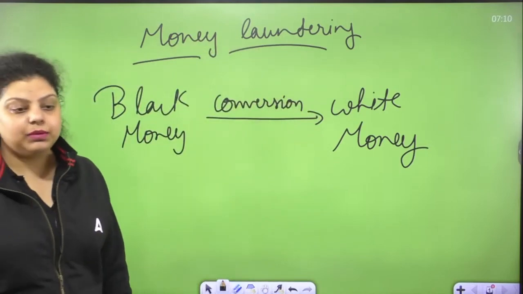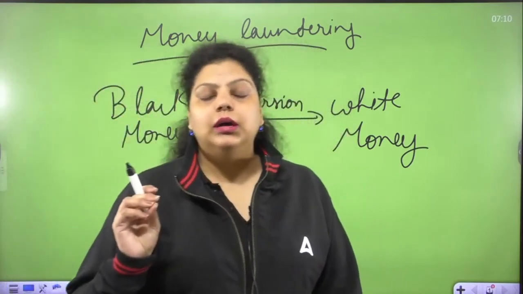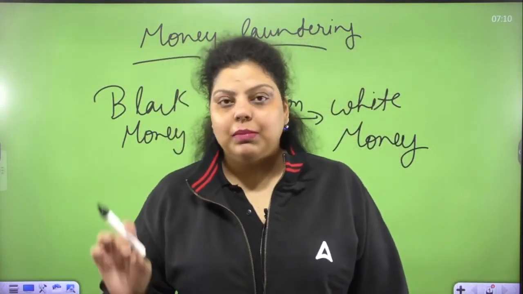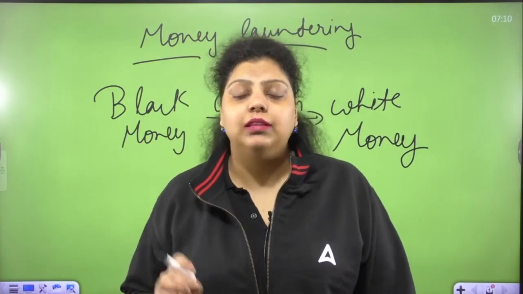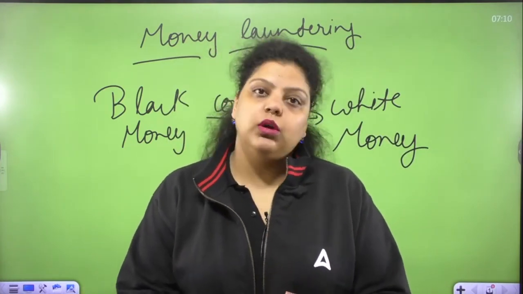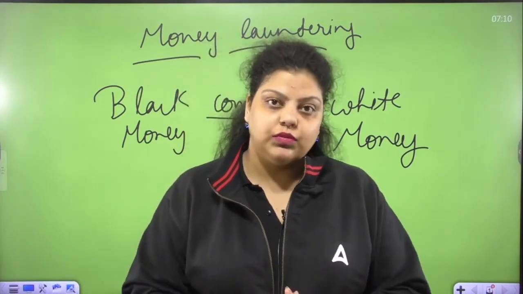Now what is black money? Black money is money which has been earned from an illegal activity. Black money is money of which the government does not have a proper, legal source of income.